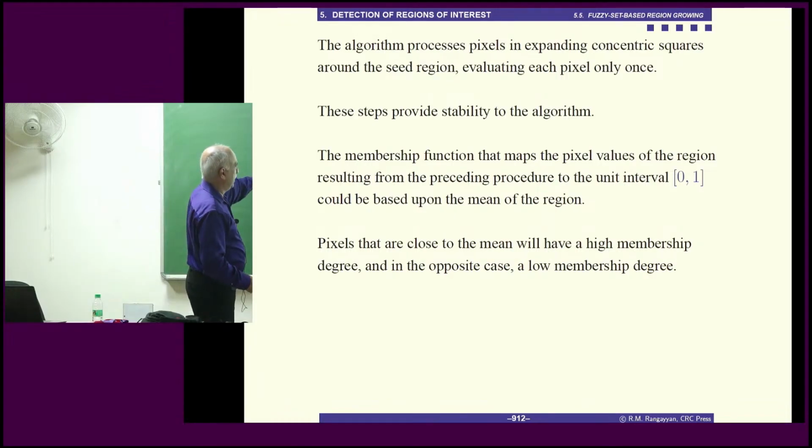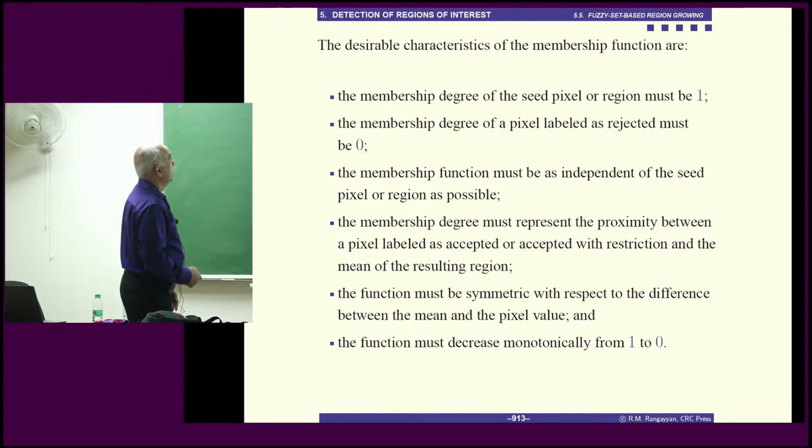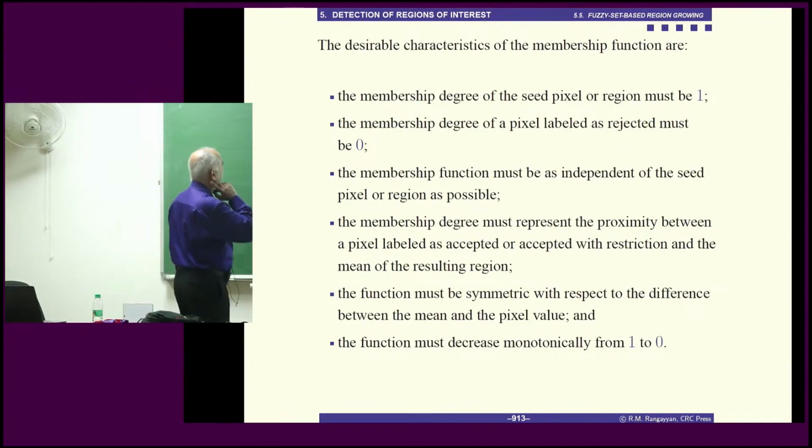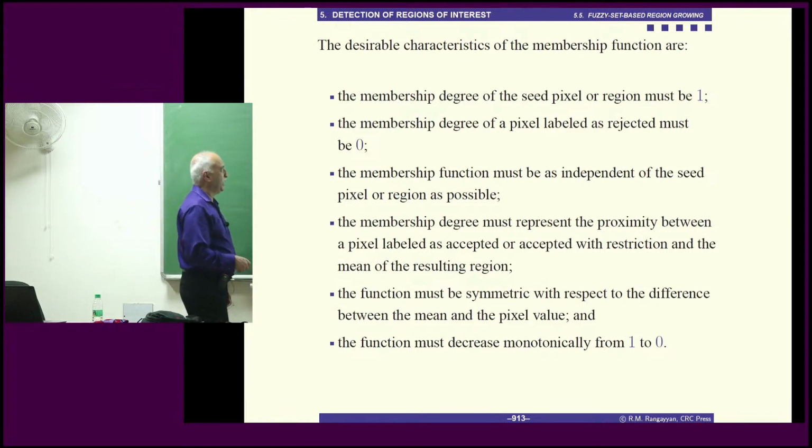The membership function I said, and that is the rest I have already said. So the membership function characteristics are these. The membership degree of the seed pixel must be equal to 1. Of a pixel labeled as rejected must be 0. Membership function must be independent of the seed pixel or region. So you are computing some parameters and feature vectors.